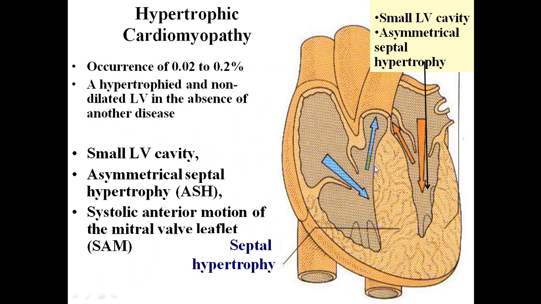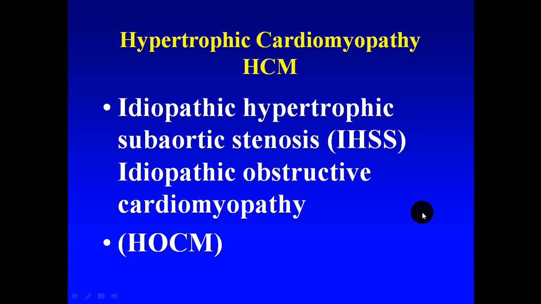This is the thickened septum with SAM movement, obstruction, and a small cavity of the left ventricle. It's idiopathic, called idiopathic hypertrophic subaortic stenosis, or sometimes idiopathic obstructive cardiomyopathy, HOCM, if there is obstruction.